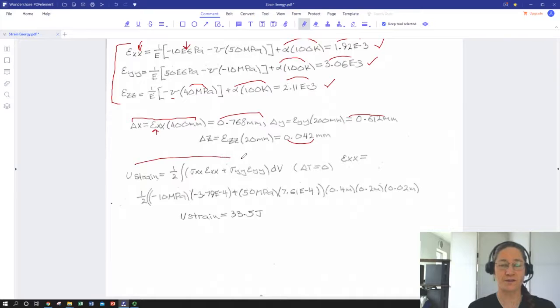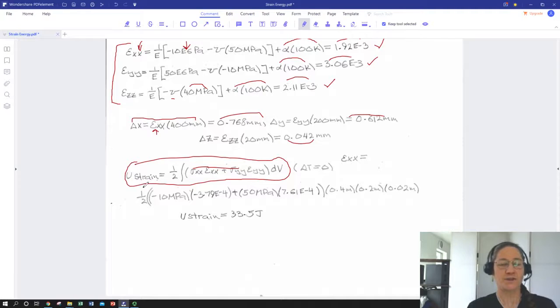Okay, last but not least, strain energy. So we're going to break out our fundamental expression for strain energy, 1/2 times the integral over all V of our products of stress and strain. In this case, since nothing changes with volume, we can pull the volume out of the integral and just express it as a constant.